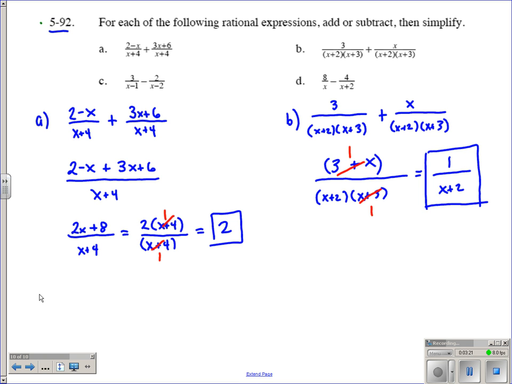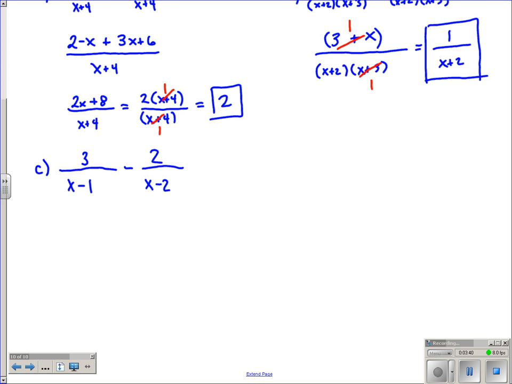Letter C now. We have 3 over the quantity of x minus 1, and we're subtracting 2 over the quantity of x minus 2. Now this one's going to be a little bit different. We don't have common denominators, so we're going to have to get a common denominator before we can subtract.